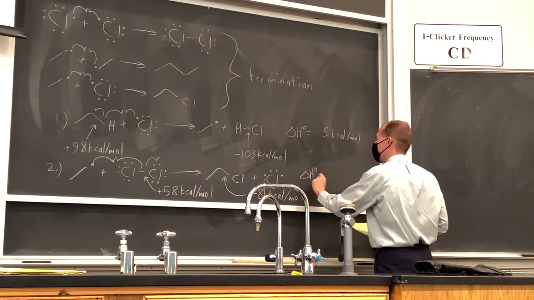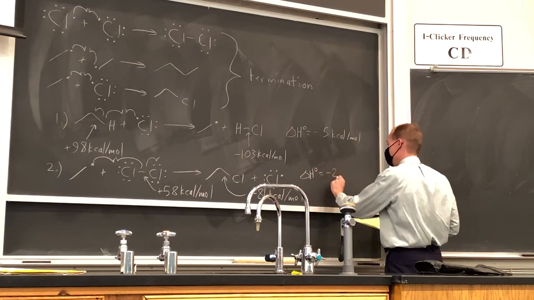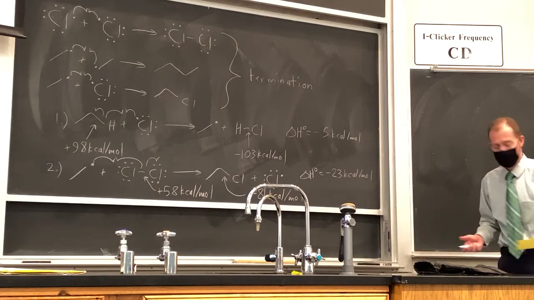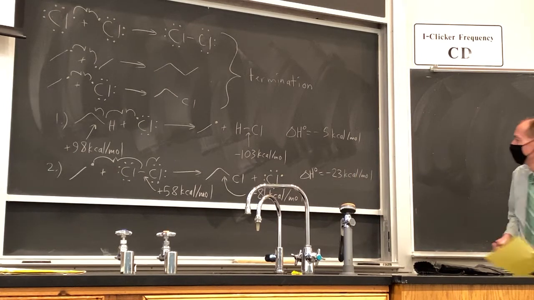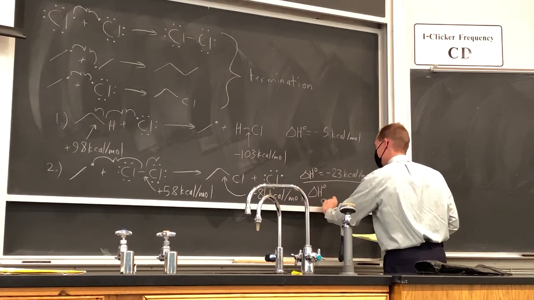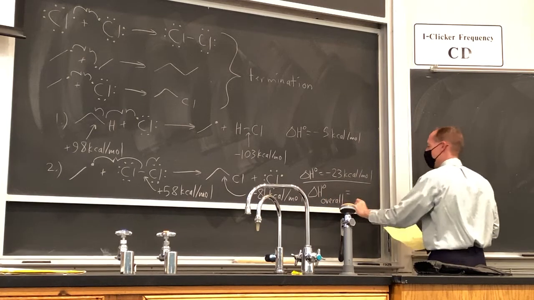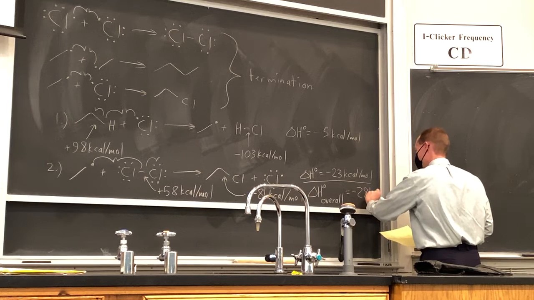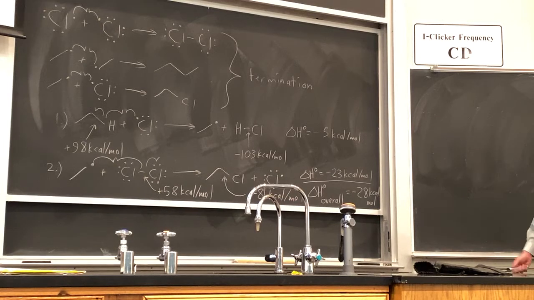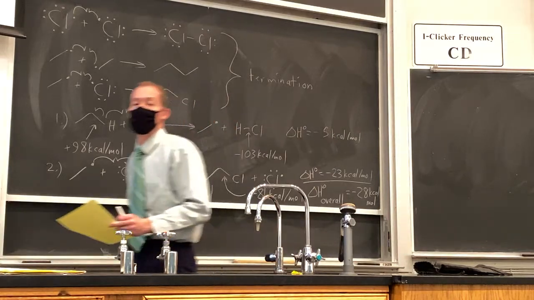So if we do the math, our second propagation step, highly exothermic, minus 23 kilocalories per mole. And then the overall delta H naught, delta H overall is going to be minus 28 kcals, running out of room here, per mole. Okay? So in the chlorination reaction, both propagation steps are exothermic, and the overall process is therefore exothermic.